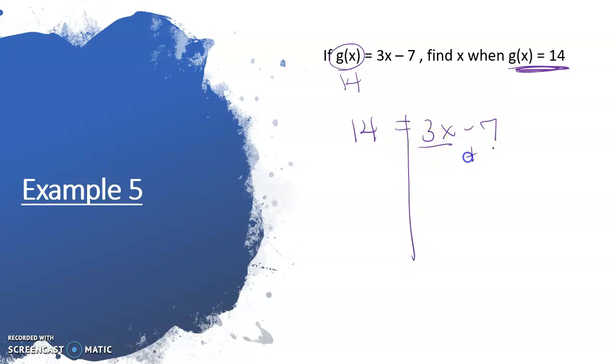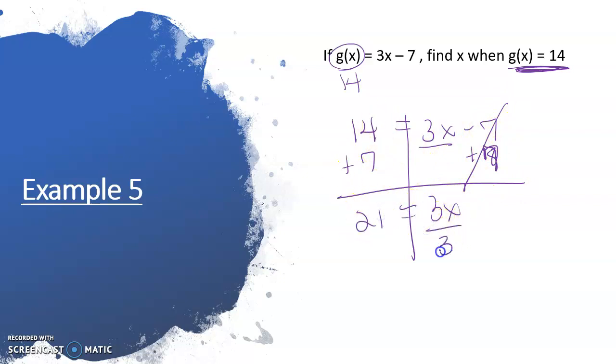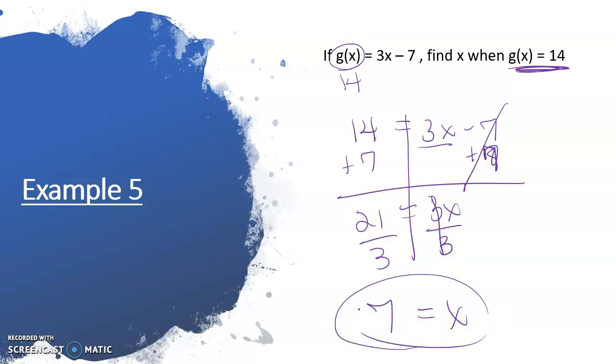Need to get x by itself, so I'm going to add 7 on both sides. So negative 7 makes 0, so I have 3x left over here. 14 and 7 is 21. Divide by 3 to get x by itself, and x equals 21 divided by 3 is 7. Okay, so 7 is equal to x.